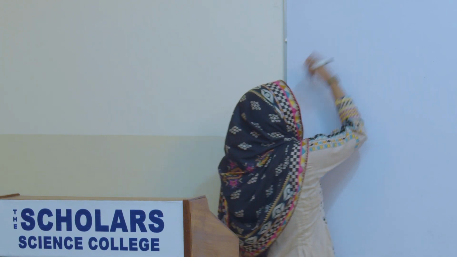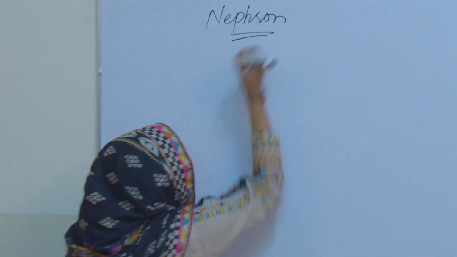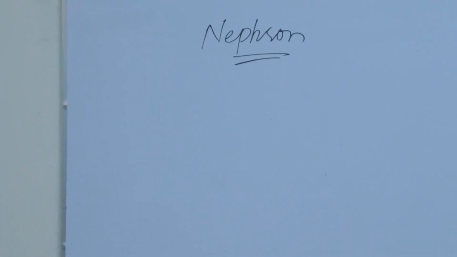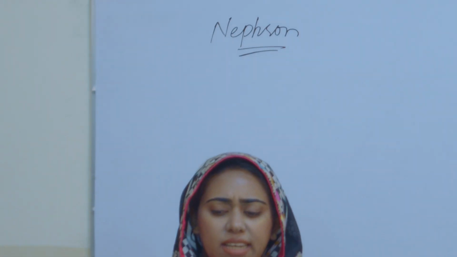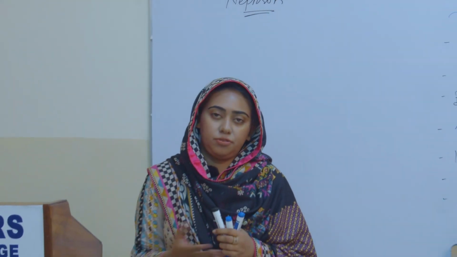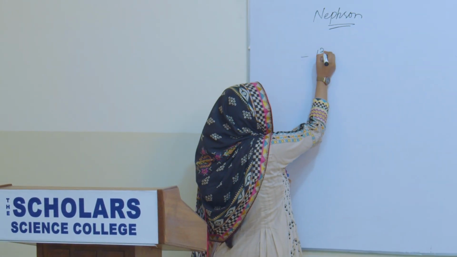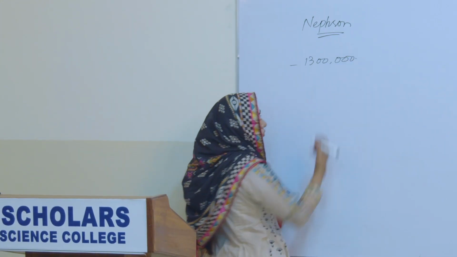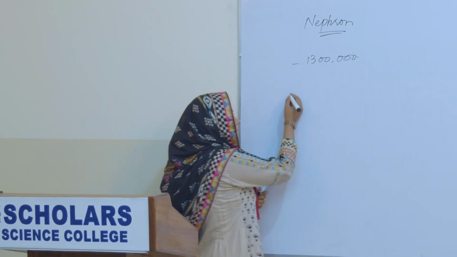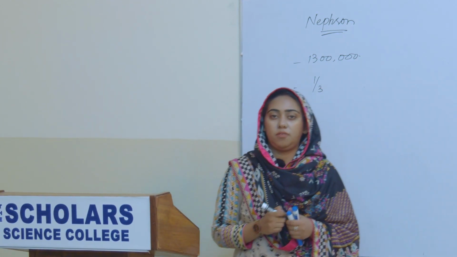Okay, so coming towards the functional unit of the kidney, which is actually the nephron. Okay, the nephron is the basic unit of the kidney. In the kidneys there are like thousands of millions of nephrons. One estimation is that there are 1,300,000 nephrons there, and one third of them must be functional in order to make the kidney functional.